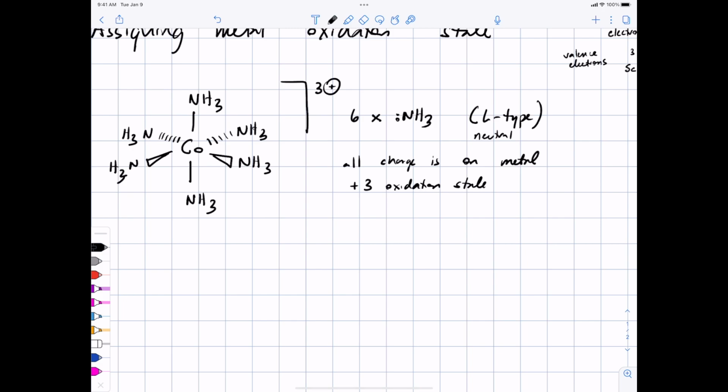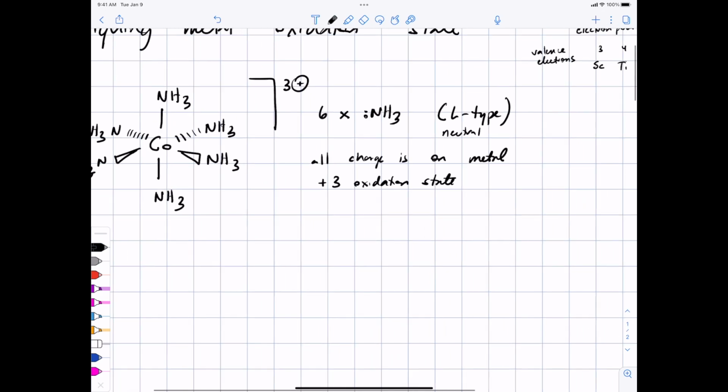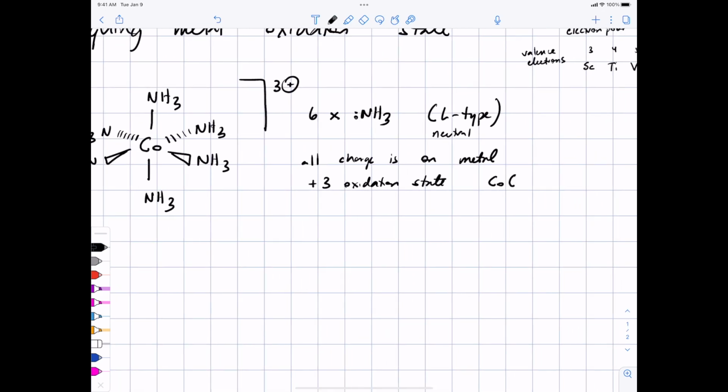If the metal were a 0 oxidation state, it would be neutral, right? +3, another way to write that is cobalt 3. Now, we won't talk about this, but if you ever take an inorganic chemistry class, they'll tell you that different metal oxidation states have different stabilities, and so some oxidation states are more stable than others.